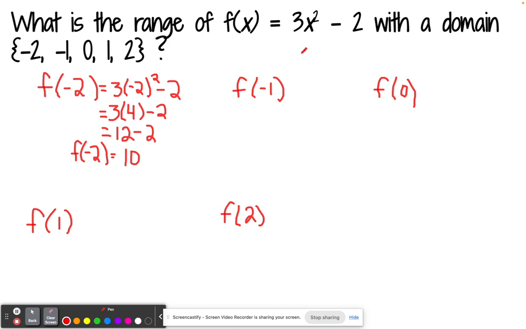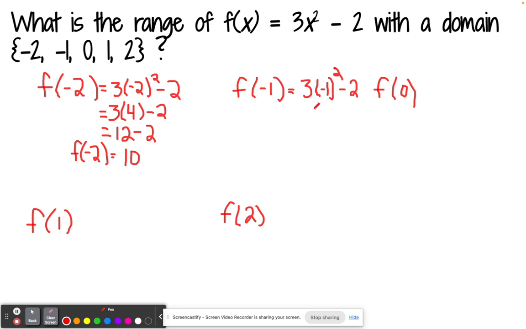What is f of negative 1? Well, 3 times negative 1 to the second power. Remember, it's the negative 1 that's being raised to the second power, not 3 times negative 1. It makes a difference.